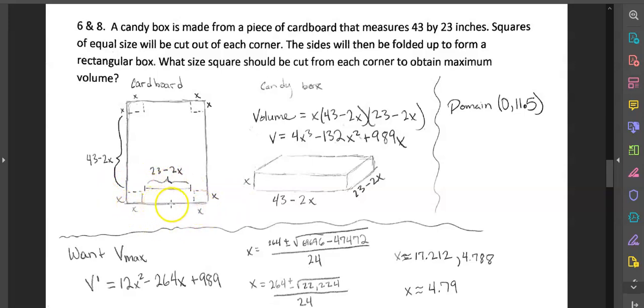So this could only be half because you have to fold the sides up to actually make a box once you fold them up. So that's why it goes from 0 to 11.5. And that excludes the 17.212. So that means that the side length for your square is going to have to be 4.79.